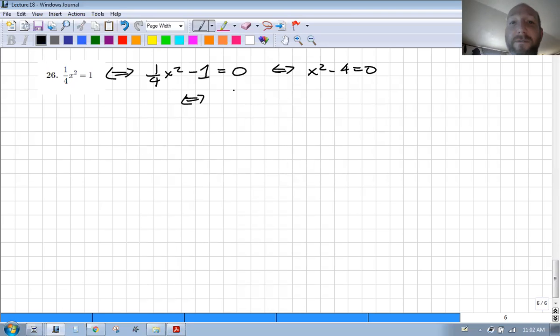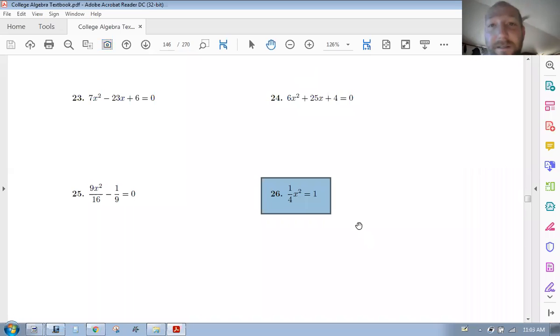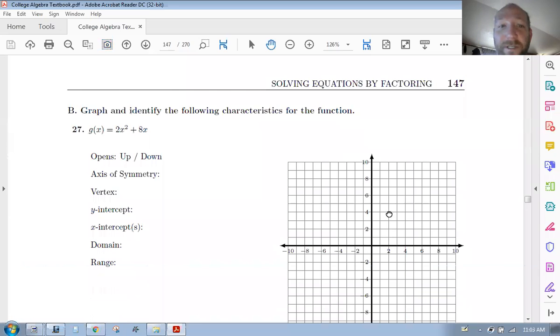This is the difference of 2 squares. All right, 4 is 2 squared. So x is either a positive or negative 2. And now we've worked all 26 examples. So page 147.